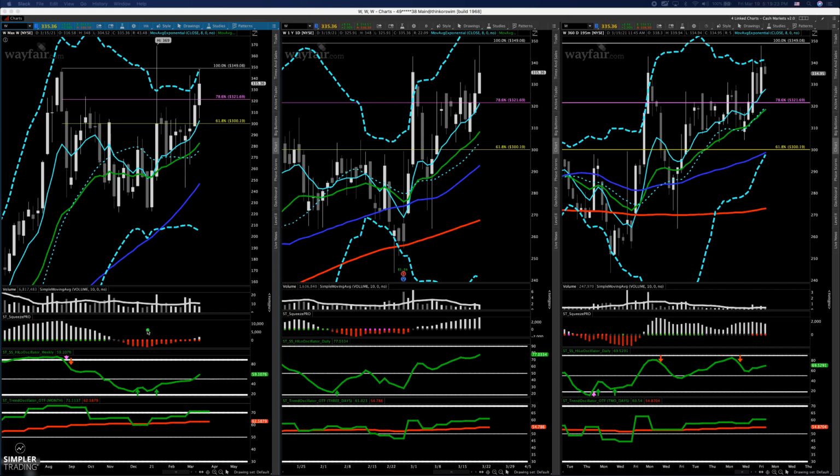You see how it stayed in a squeeze the whole time? And that was a really, really long squeeze. That's a few months worth of trade. Now it's come out of the other side of the histogram here, and it actually has 3 positive bars to the upside. So essentially, it sets it up for that big breakout on a weekly time frame.